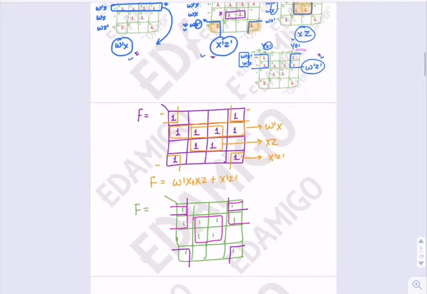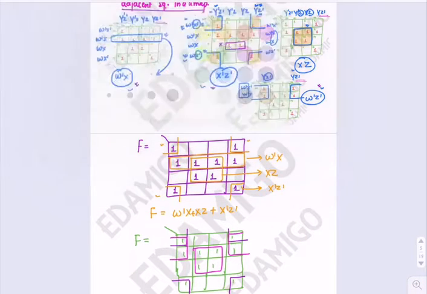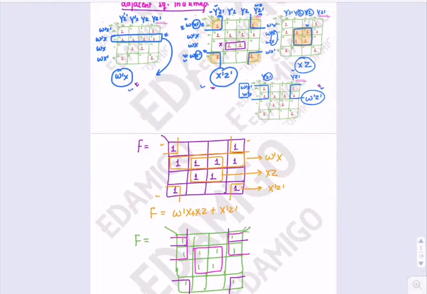Okay, so we can see that these four at the corners will give me x bar z bar. This at the center will give me xz, and these two corners, the pink one and this one, will give me the term w bar z bar.